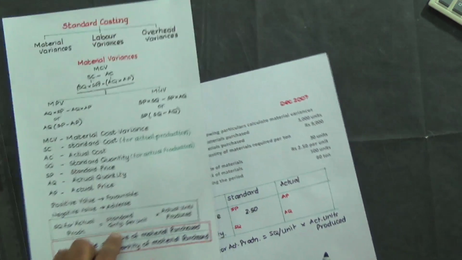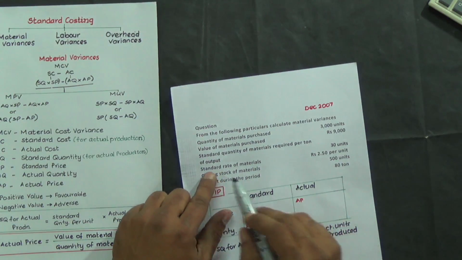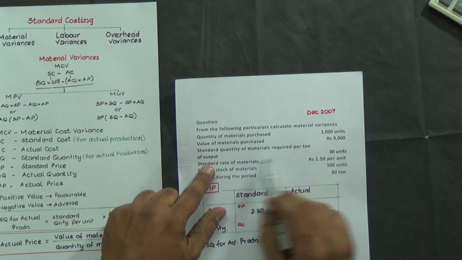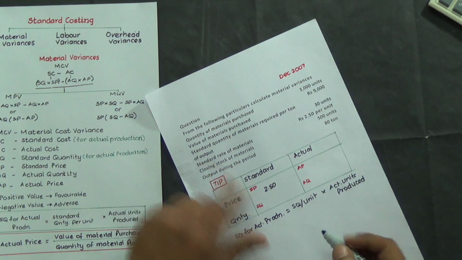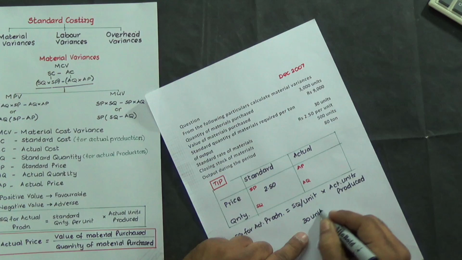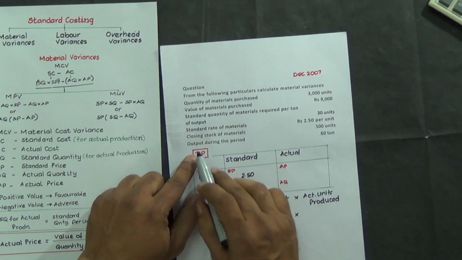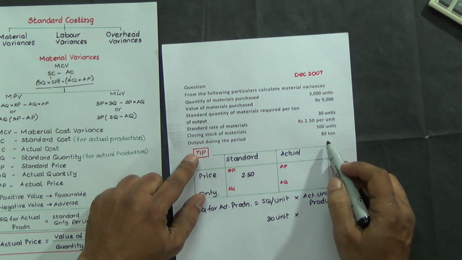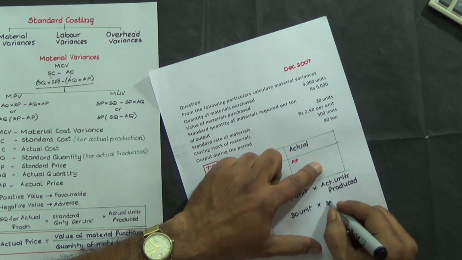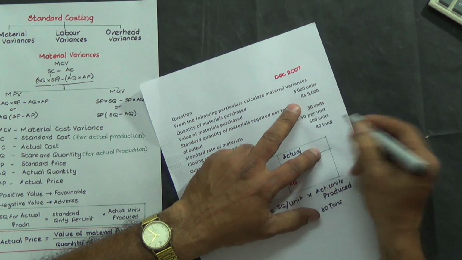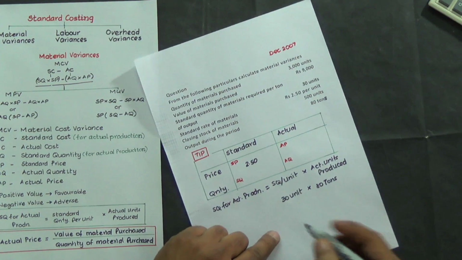Standard quantity per unit given in the problem is standard quantity of materials required per ton of output is 30 units. So this is 30 units. Output during the period, that is actual units produced, is 80 tons. So 30 units into 80 tons.